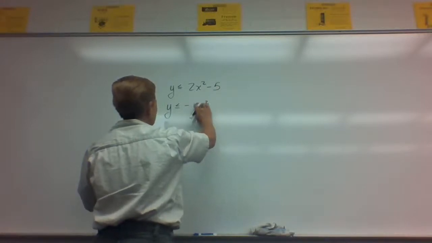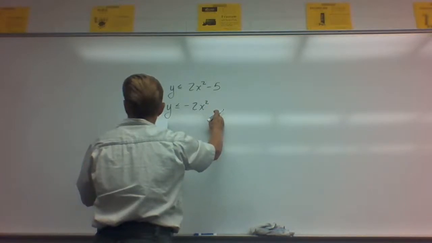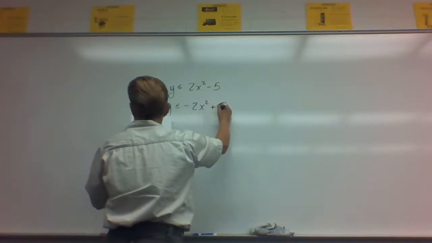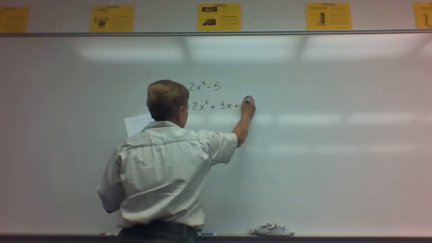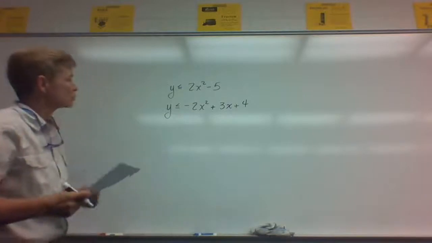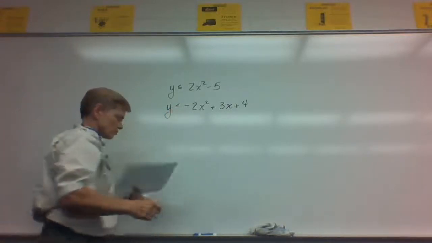Well, I'm going to make it a 2 also. I really don't want to count down 4 that far. Okay. y ≤ -2x² + 3x + 4. Okay, so it's presented something like that. For the sake of variety, I'm going to take one of those off.